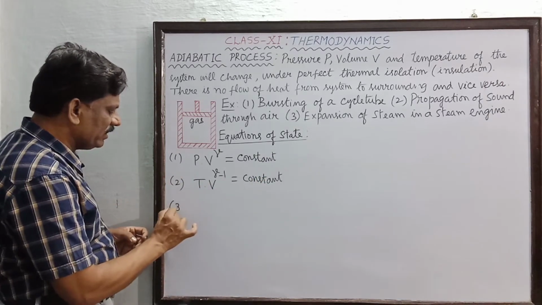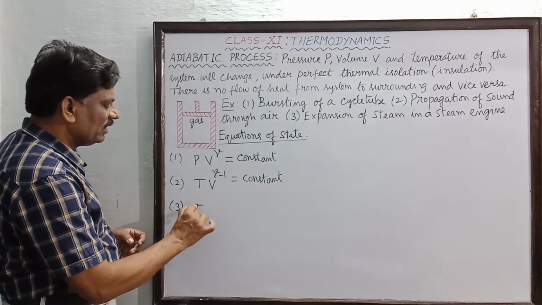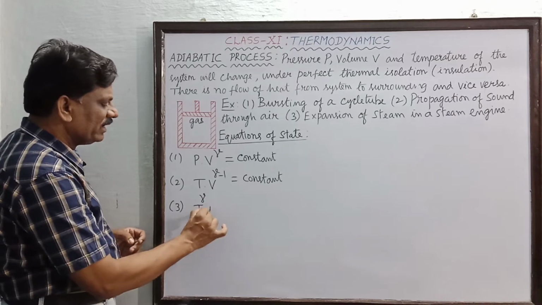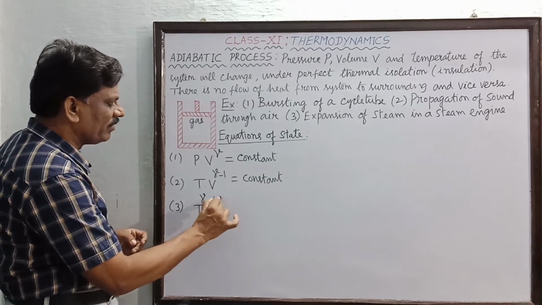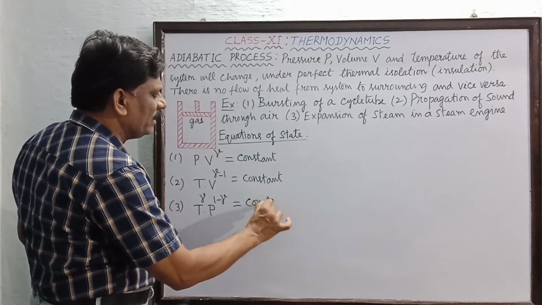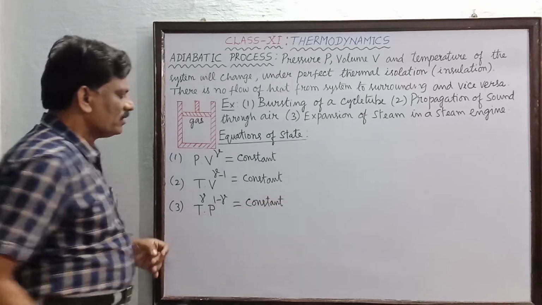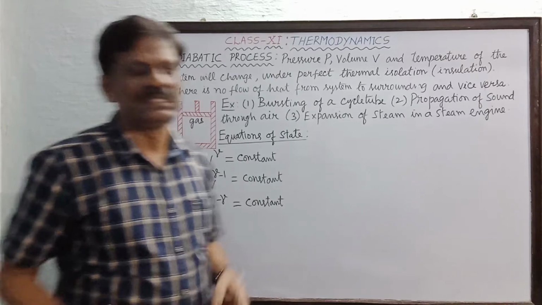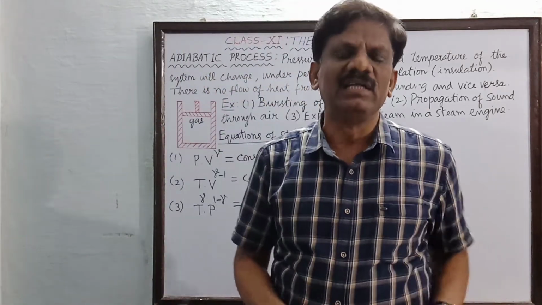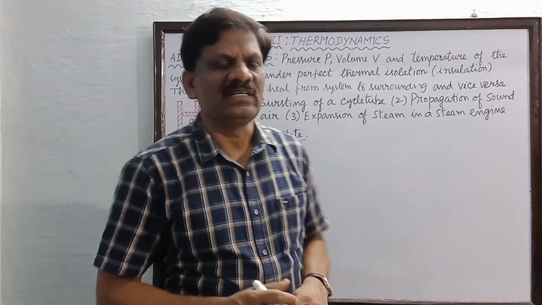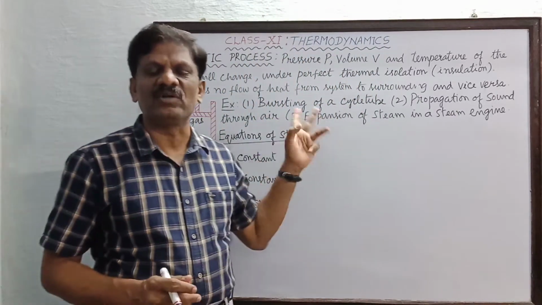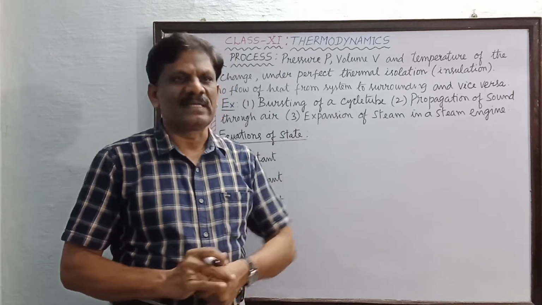And the third equation of state relates the temperature and pressure: T raised to the power gamma into pressure P raised to the power 1 minus gamma is also equal to a constant. So these three equations relate the thermodynamic variables and are called the equations of state. If you remember them, it will be helpful in solving numerical problems.